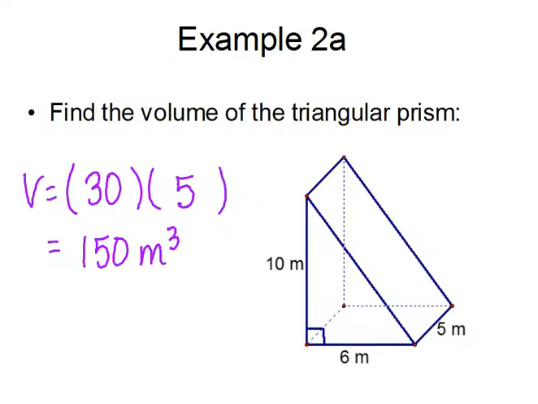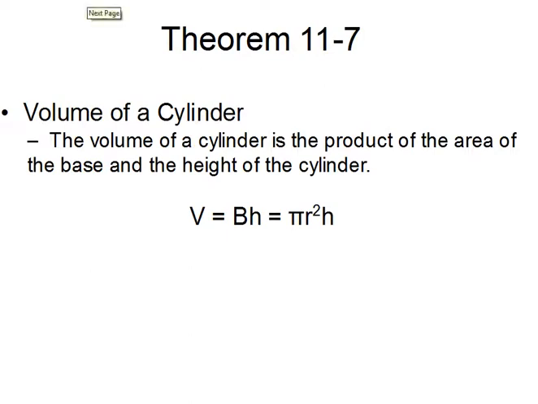Okay? Alright, cylinders are a type of prism, so they technically use the area of the base times the height for their formula, but since they have circles on the end, we can replace the capital B with pi r squared because that is the area of the base. So the formula that you need to remember for volume of a cylinder is pi r squared h.